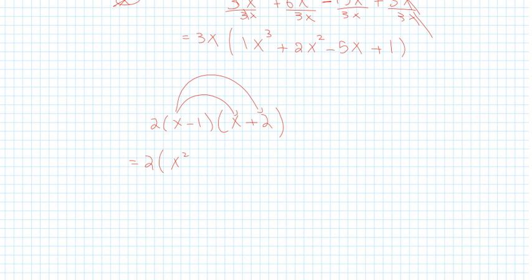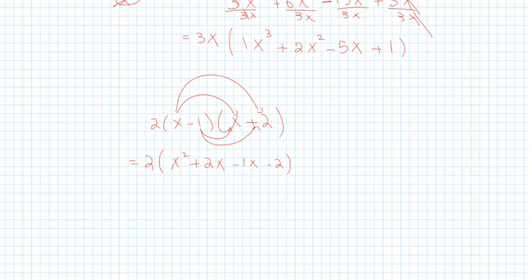Then negative 1 times x gives us negative 1x. Then negative 1 times positive 2 gives us negative 2. Are we okay with this? FOIL, right? Multiply the first, outer, inner, and last.